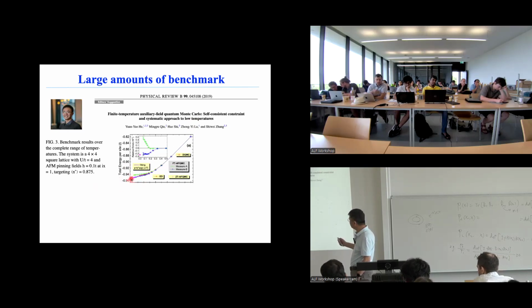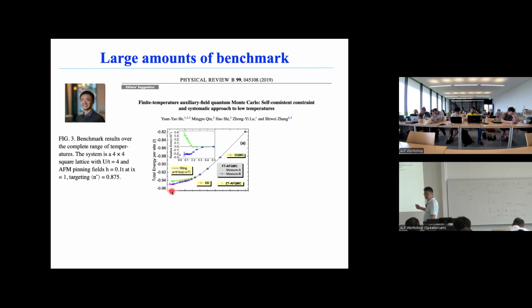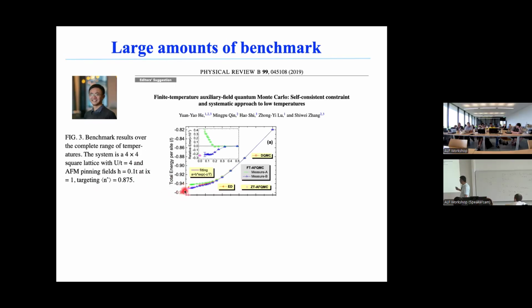There are a couple symbols here. One is the 0 temperature constraint path answer, which is this purple thing. And one is ED, it's a small system, which is the red symbol. And there are 2 versions. Yao showed this, measure A and measure B of the constraint version.